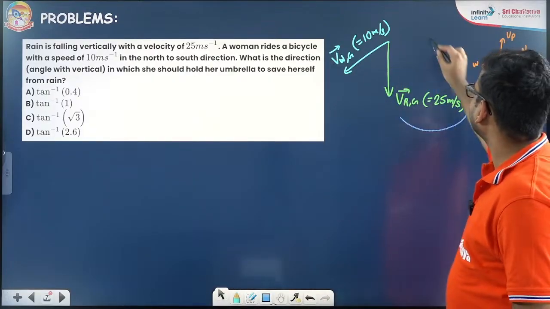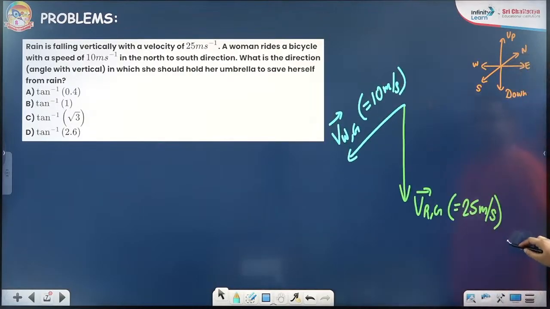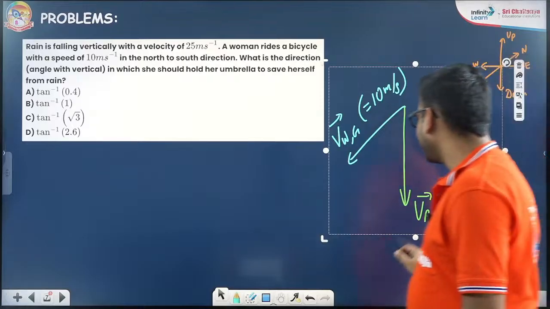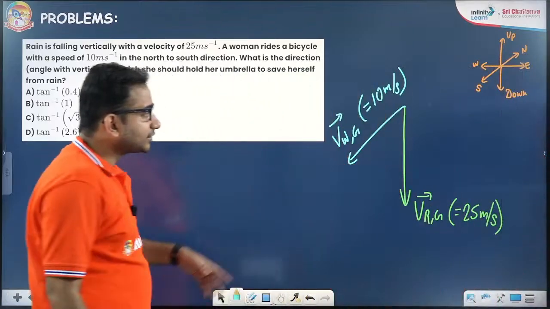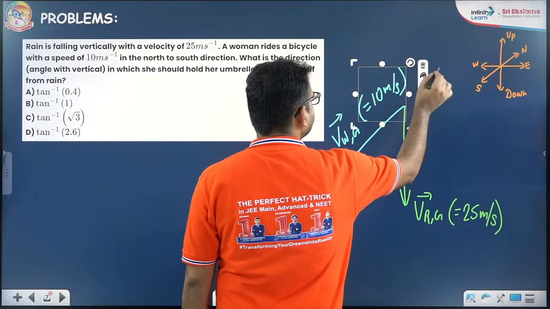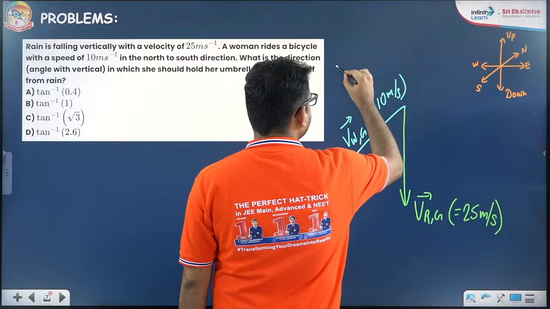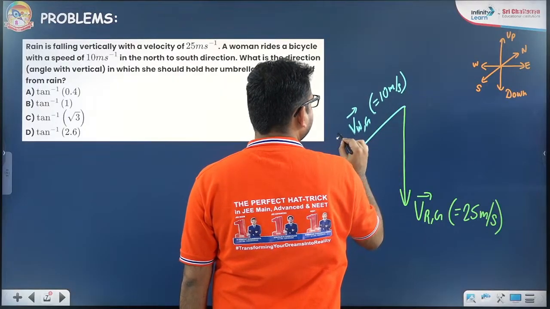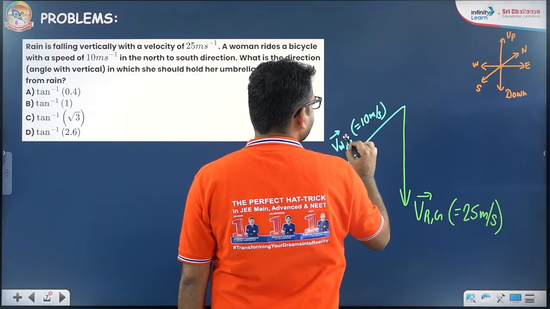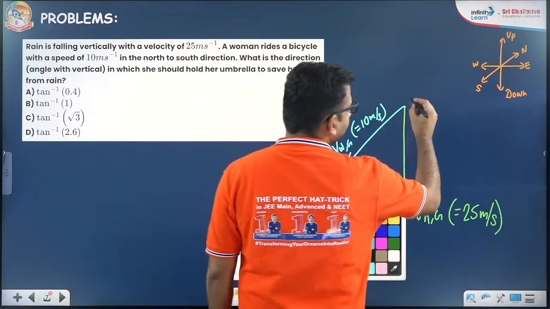To save herself from rain, I'm just zooming in on this figure, and I want you to understand that you are interested in VRG, but you are not interested in VWG. What you are interested in is minus of VWG. So this is VWG for you. Let me draw minus VWG.